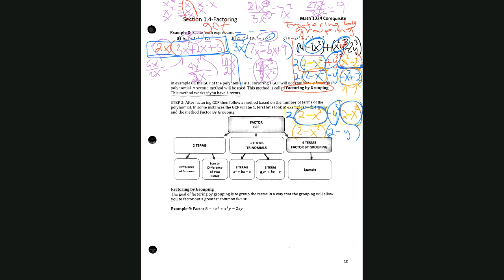And so that will be part of my second factor. So now I was able to factor a polynomial of 4 terms into the product of 2 binomials. And so that is what we call factoring by grouping.